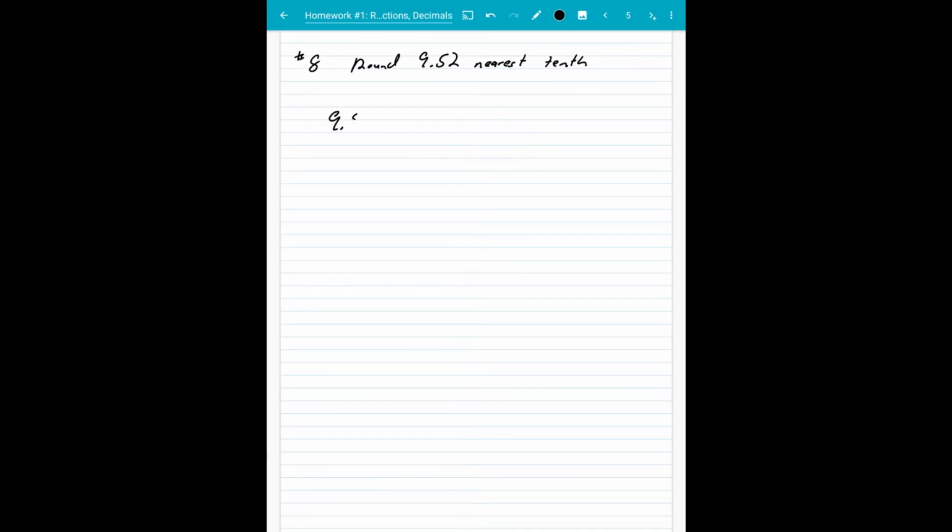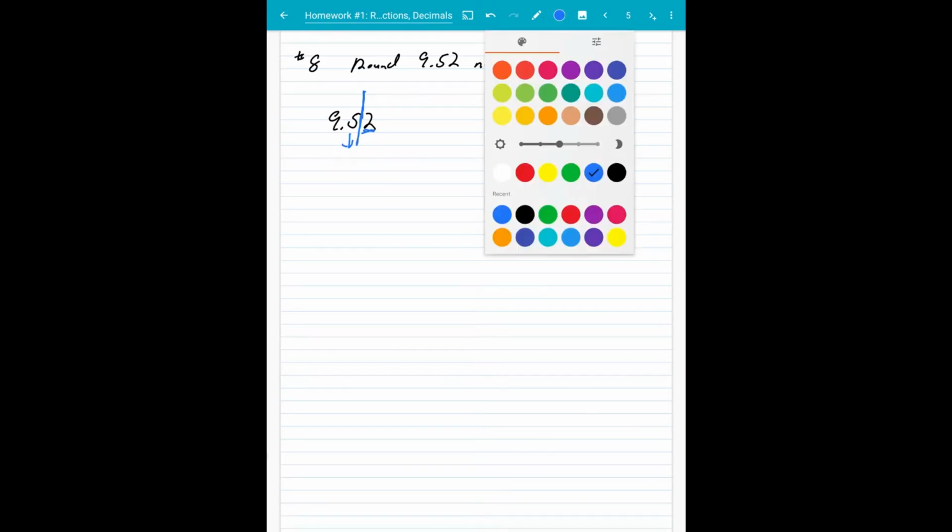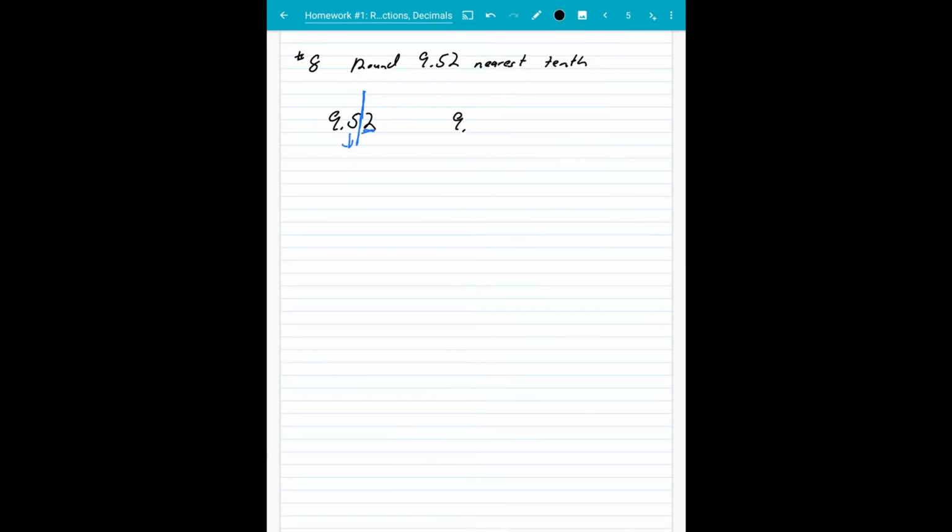So let's take 9.52. The 10th place, remember, would be the first number to the right of the decimal. So this is our dividing line because this is our tenths place right here. Because of this number right here, it's between 0 and 4. We're going to round this number down. And this number would become 9.50. That would be your answer.